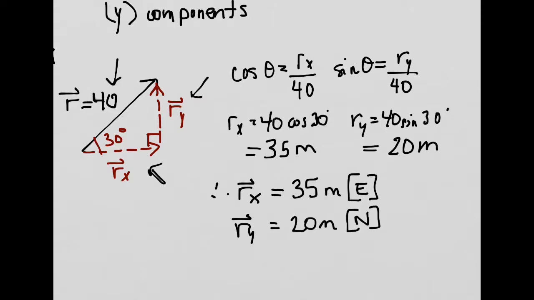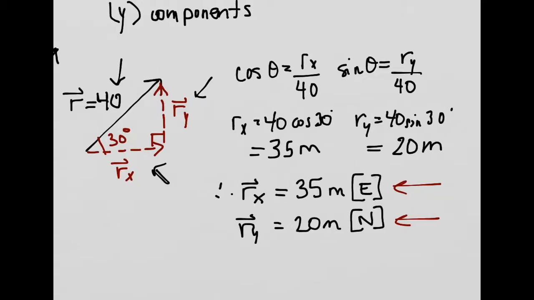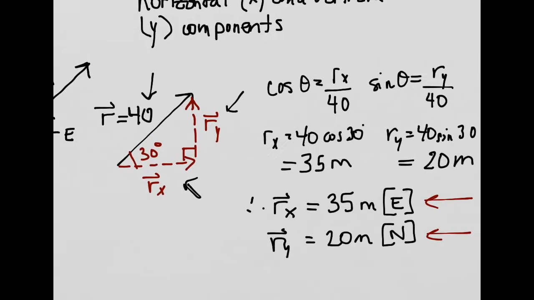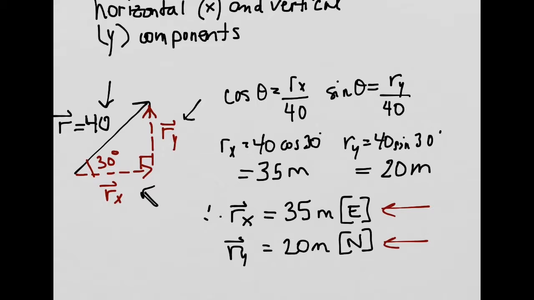And that makes sense because originally we had R that was in north and east directions, which works out because my horizontal and vertical components should have north and east associated with them. So that's basically how we break one vector up into its two components, the horizontal and vertical components.